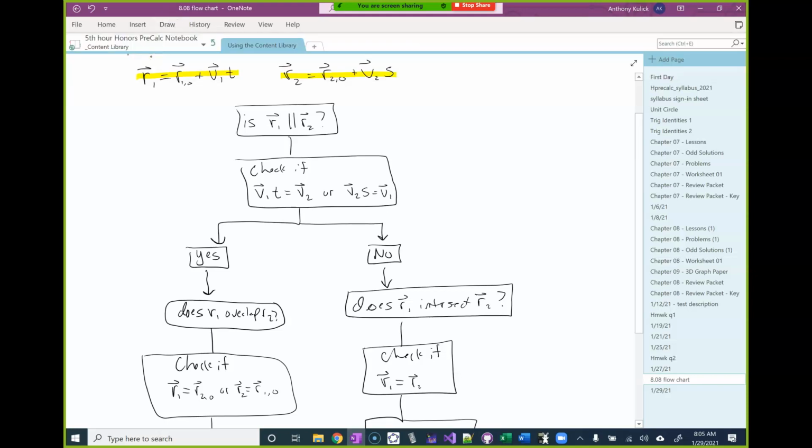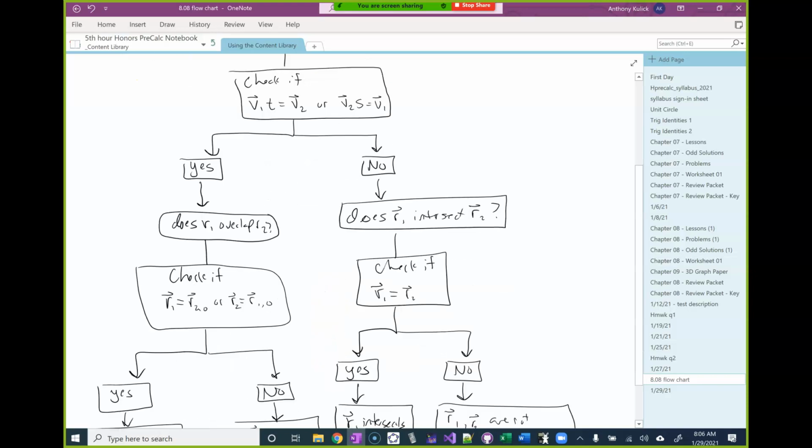So if the 2 lines are parallel, then we have to tell the difference between whether they're parallel or coinciding, right? Oh, I'm sorry, if they're parallel, they're either non-intersecting parallel, or they're coinciding.